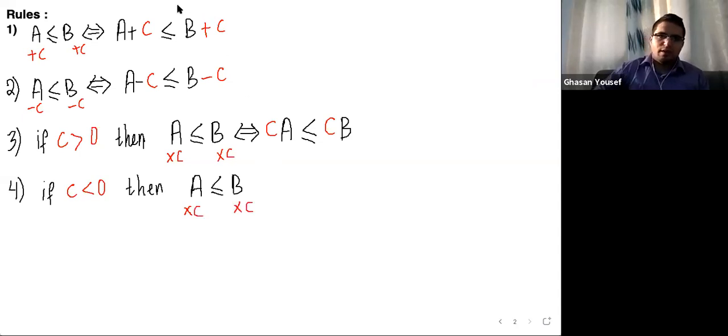You should know that when we multiply both sides of an inequality by a negative number, we should change the inequality sign. So instead of less than or equal, we get ca greater than or equal to cb.